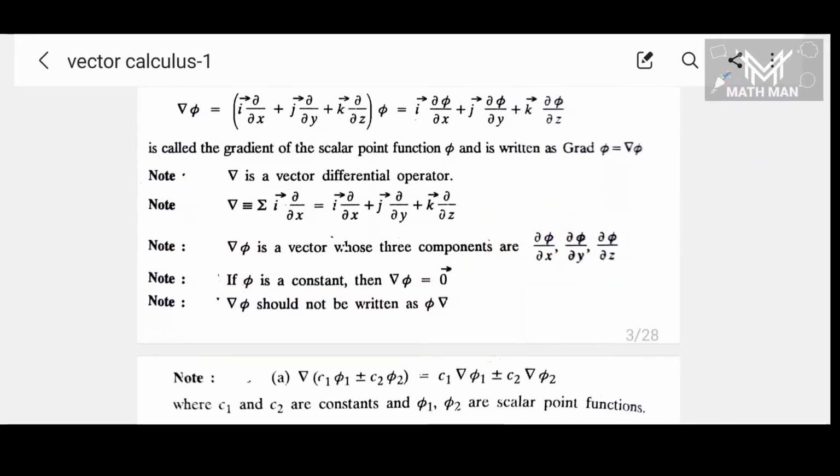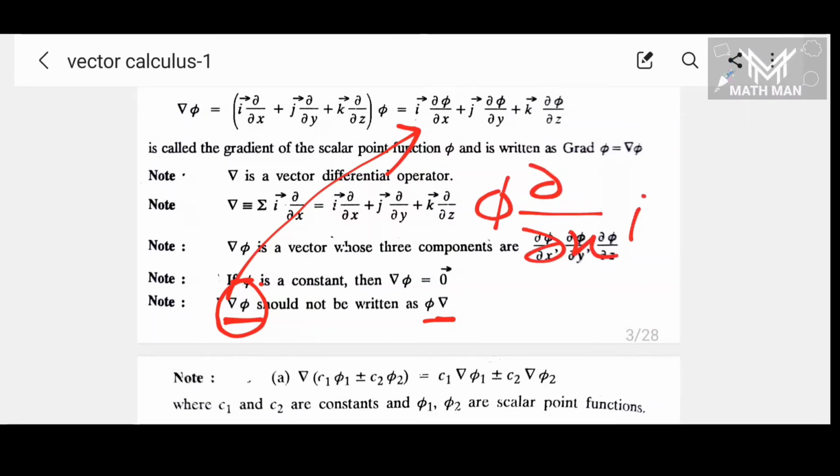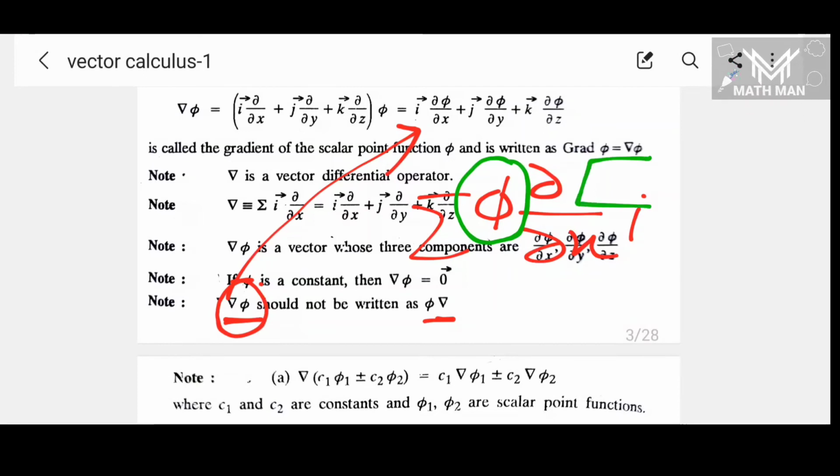And third, you should not write del phi equals phi del, because del phi means we write it in this form, whereas phi del means phi dou by dou x i sigma. Here the scalar came outside, and there is nothing to differentiate, so we should not write that in vectors.